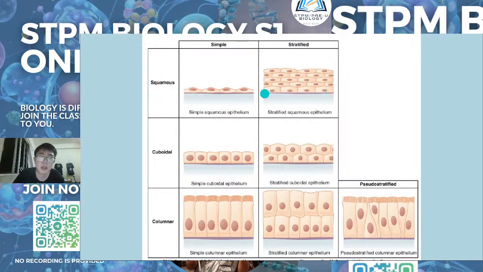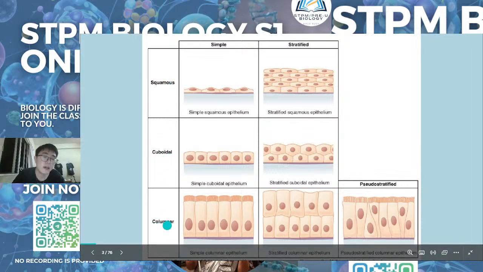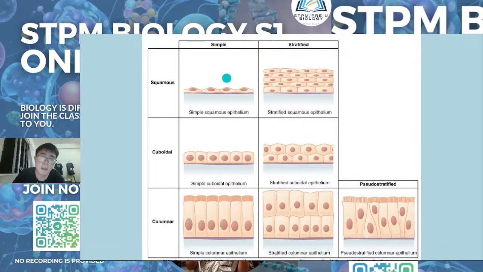But for squamous, cuboidal, and columnar, they are classified as either simple or stratified. The difference is that simple contains only one layer, while stratified contains more than one layer, maybe 3 to 4 layers, at least 2 layers.